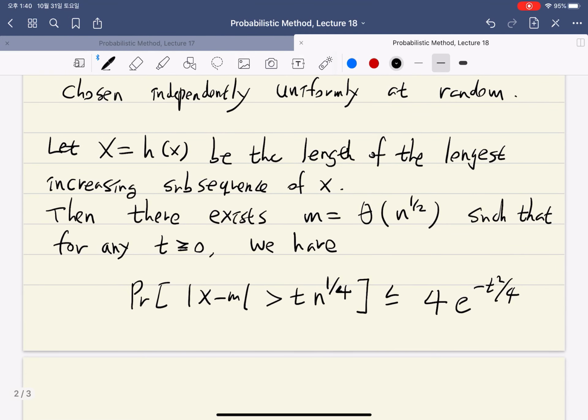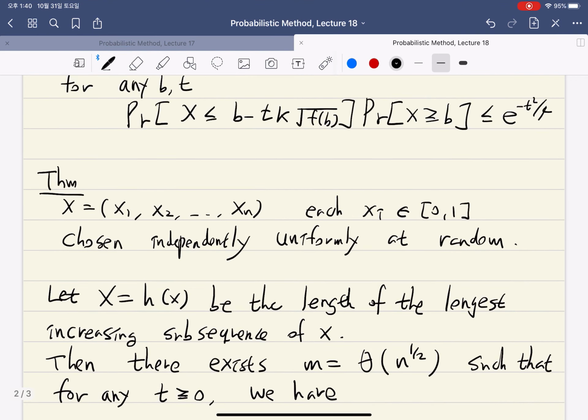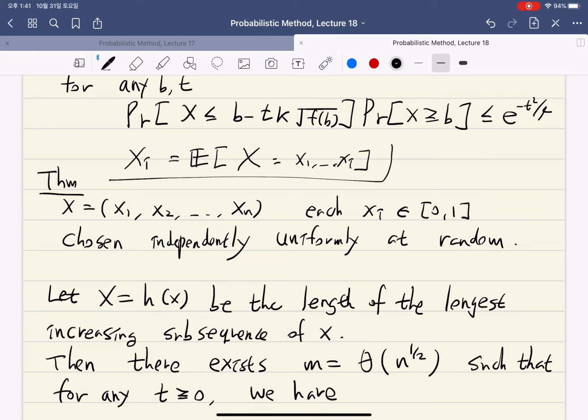The most natural way to attack this problem is to use the Azuma inequality. You can easily see that you can expose coordinates one by one. So you can consider the martingale, the expectation of h of X where x1 to xi are revealed. Then you consider this exposure martingale.